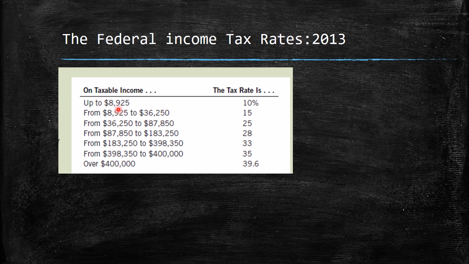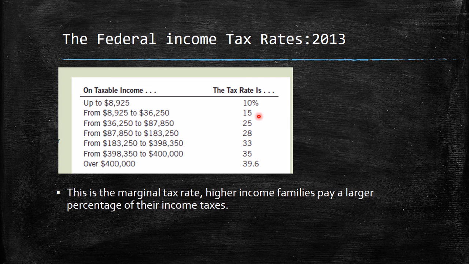Once you surpass this value, the next portion is going to be taxed at 15%. So higher income families naturally pay a larger percentage of their income.